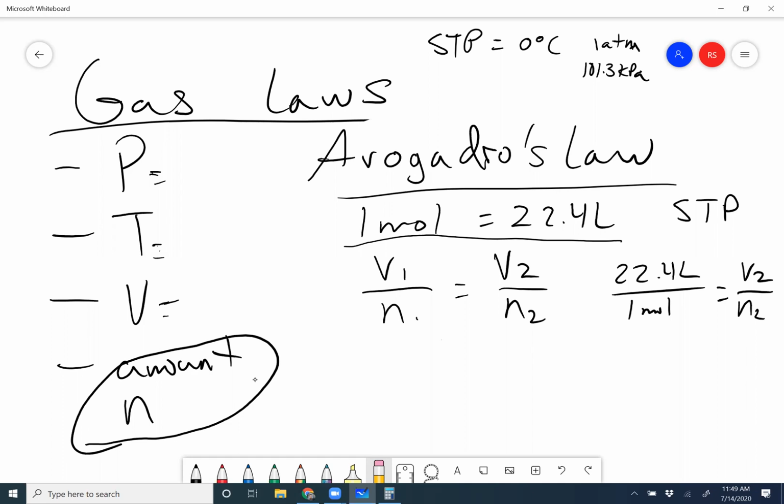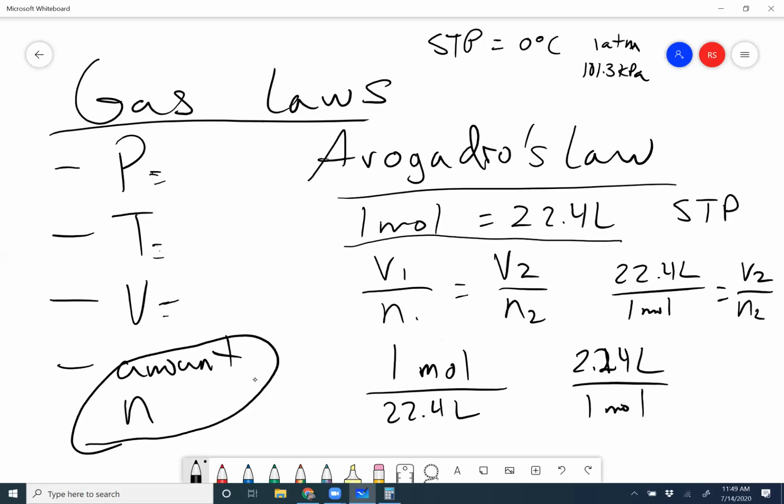So again, when we're talking about practical situations, and then you guys can use that in calculations, if you see STP, you can just use the conversion factor from the previous unit, where 1 mole is 22.4 liters, or vice versa, 22.4 liters is 1 mole.